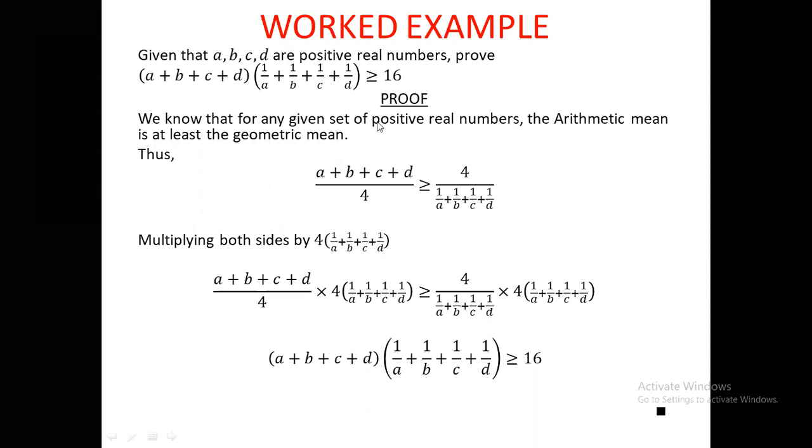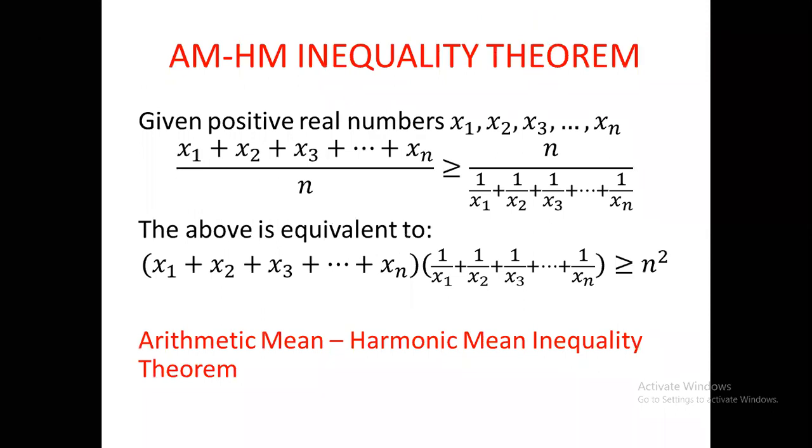It's important to note that sometimes you'll be asked to prove some well-known inequality theorems, all right? And if you're asked to prove the theorem, you don't use the theorem to prove itself. If you're asked to prove the AM-HM inequality, you don't use the theorem to prove itself. So what you simply do is that you use more obvious theorems to prove less obvious theorems, all right?